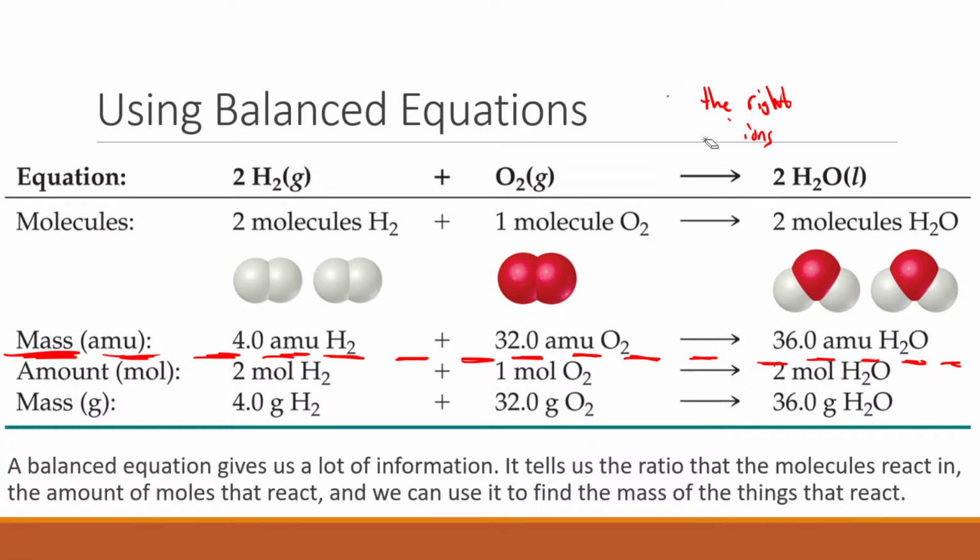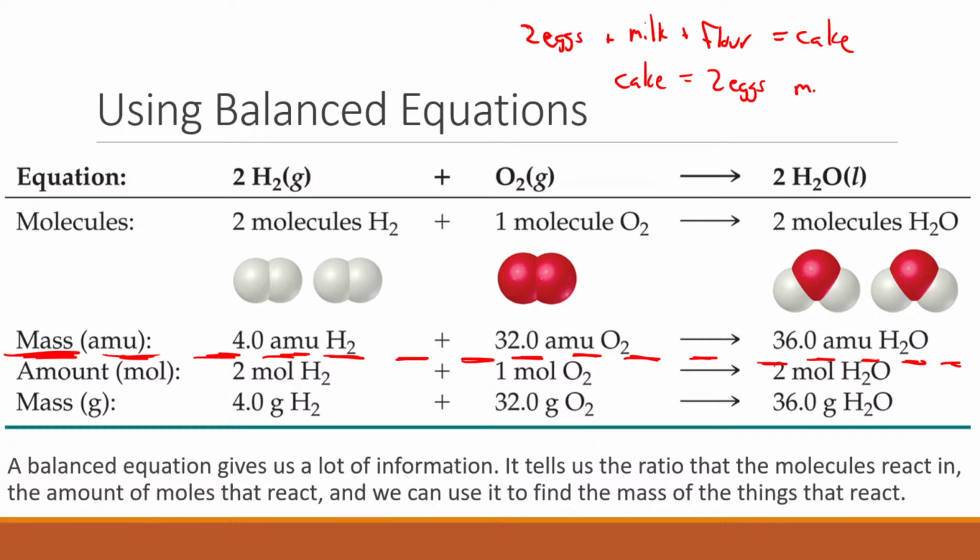Right? It would be the same as if saying, let's take it into the real world, say that 2 eggs plus milk plus flour equals a cake, and then saying you can use the same exact process to turn a cake into 2 eggs, milk, and flour.